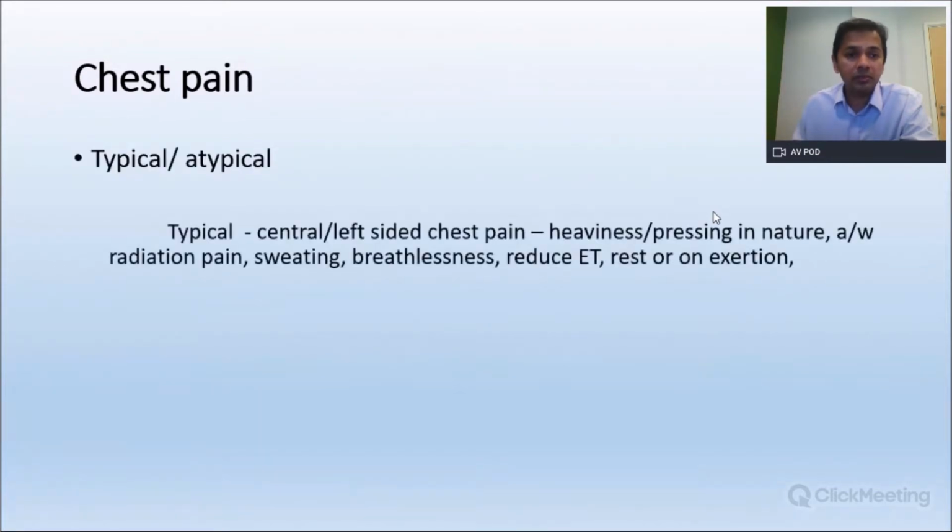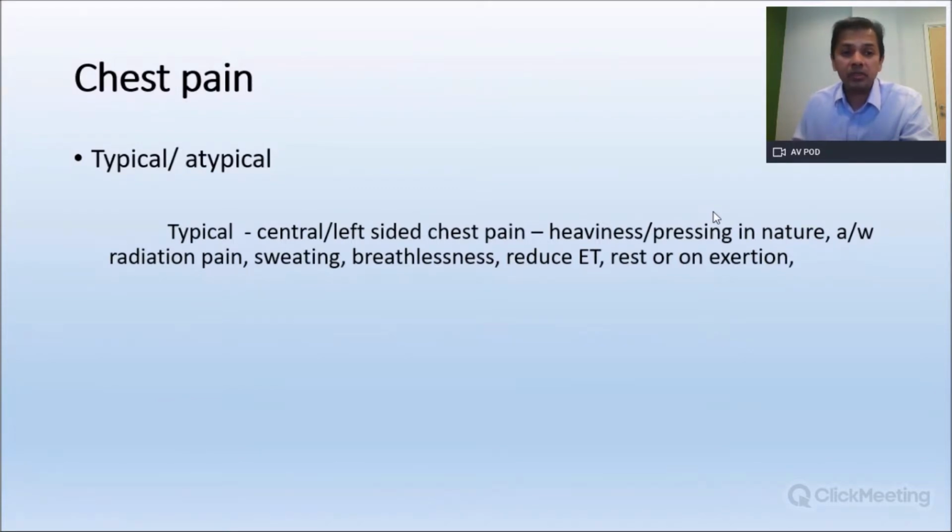If a patient comes with chest pain, not all patients come with a similar type of pain. It varies from each individual. You have typical or atypical chest pain. The typical normally presents with a central or left-sided chest pain, often described as heaviness or pressing in nature.